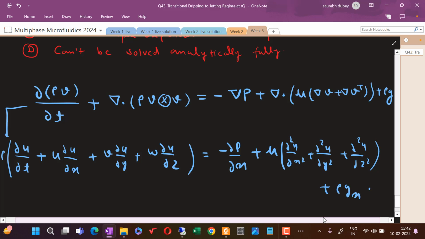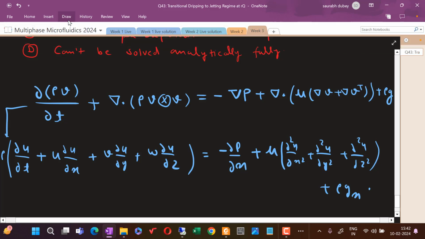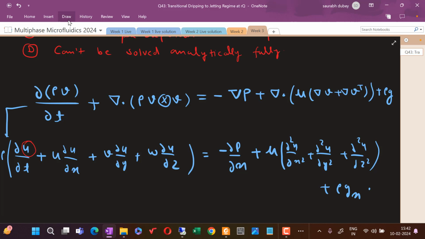So here you see you are having different dependent variables. Here u is the dependent variable, p is the dependent variable, and x, y, z, and t are the independent variables. At the same time, when you write for the y direction, you will get v, and for the z direction, you will get w.